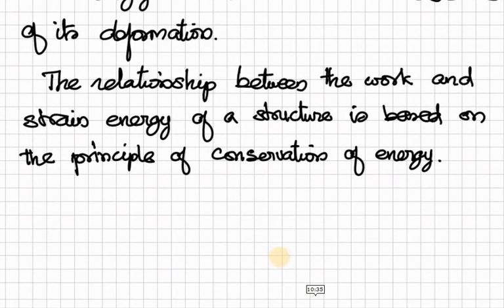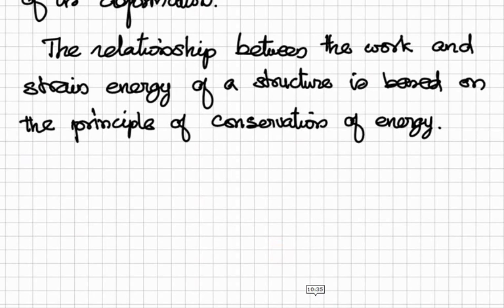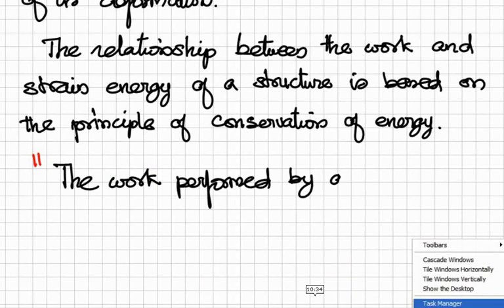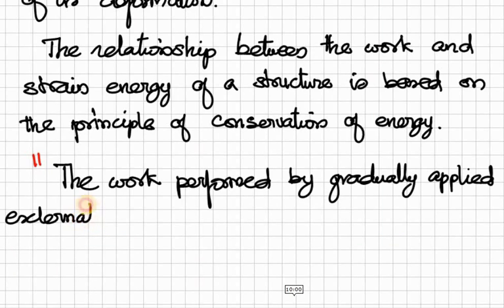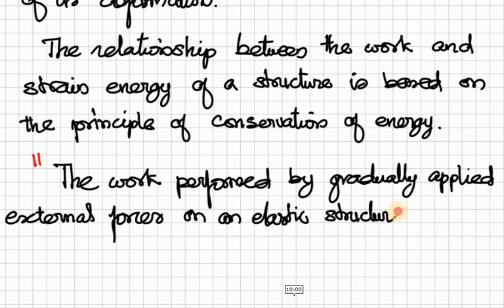So the principle of conservation of energy is stated as the work performed by gradually applied external forces on an elastic structure is equal to the work done by internal forces or the strain energy stored in the structure.